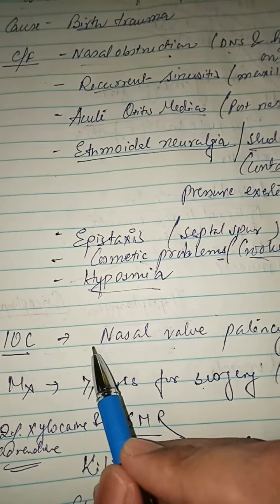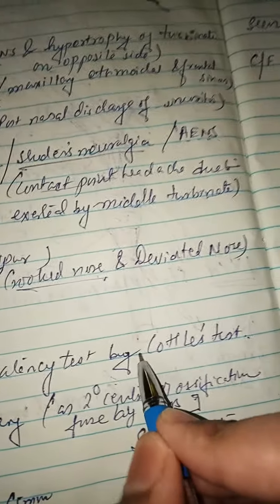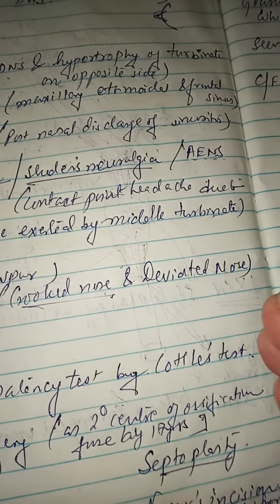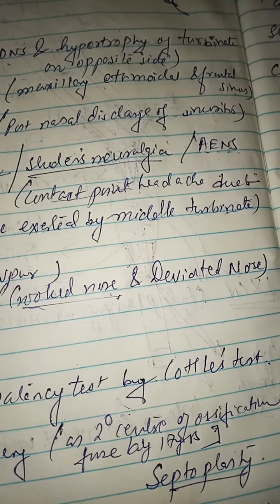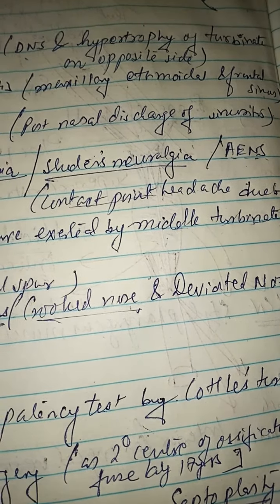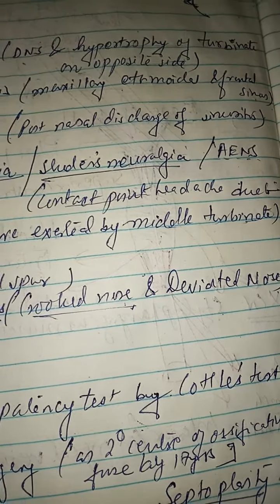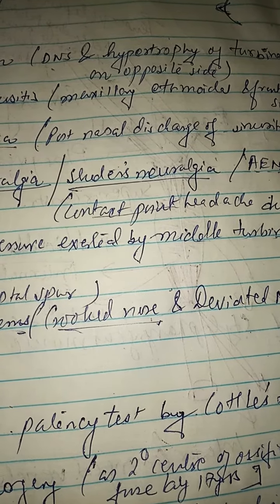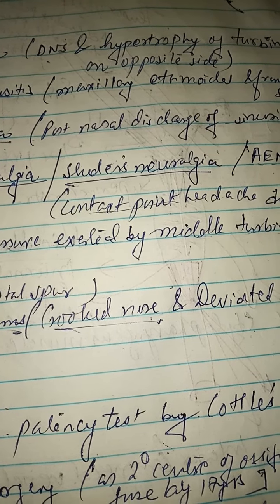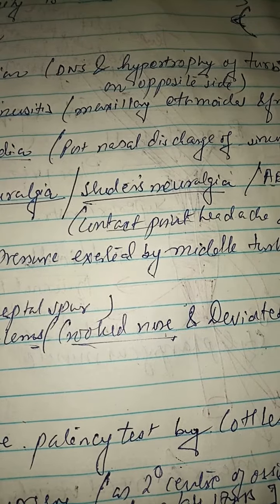Now coming to the investigation of choice, we have to do the nasal valve patency test by Cottle's test. We have to ask the patient to elevate his cheek, and when he elevates the cheek, if he can breathe properly or inspire properly, then the nasal patency is improved by opening the nasal valve.